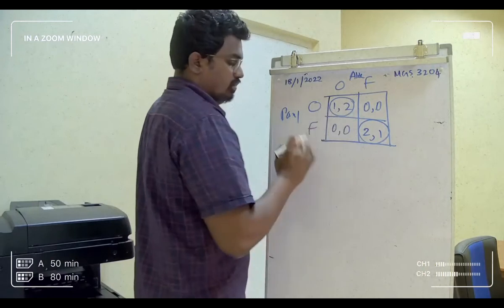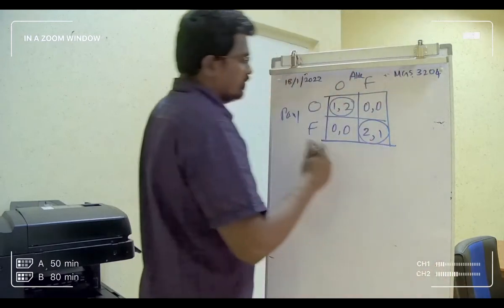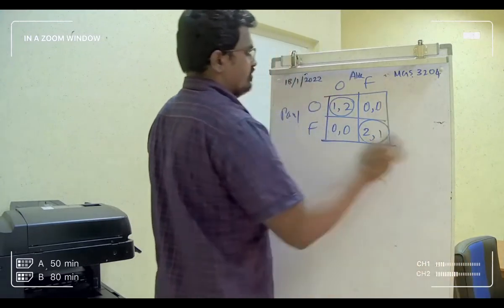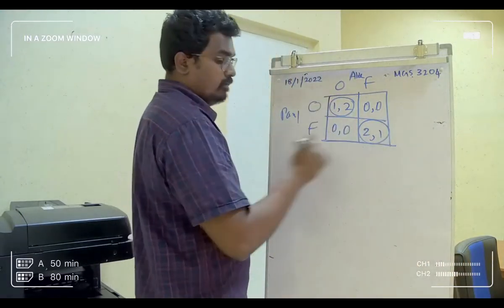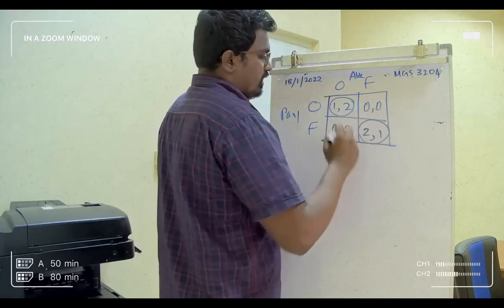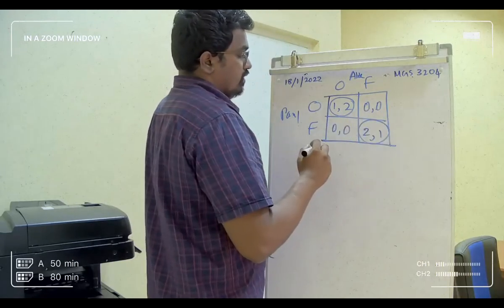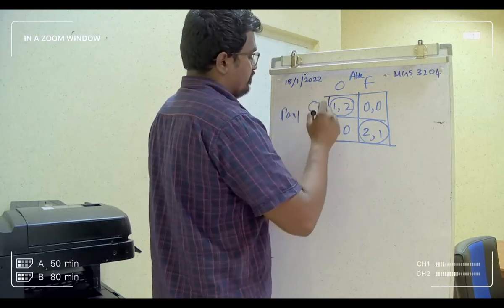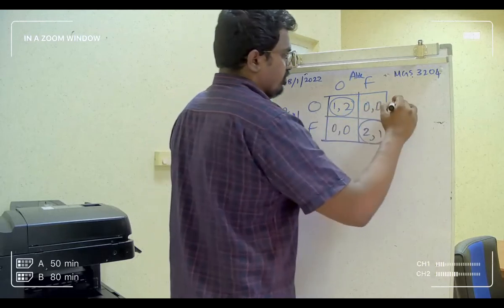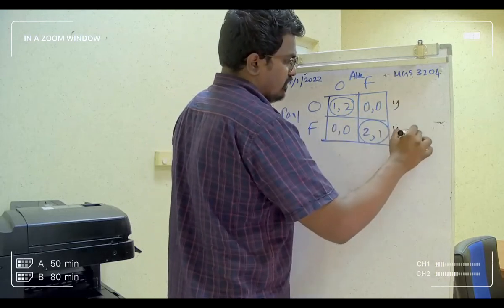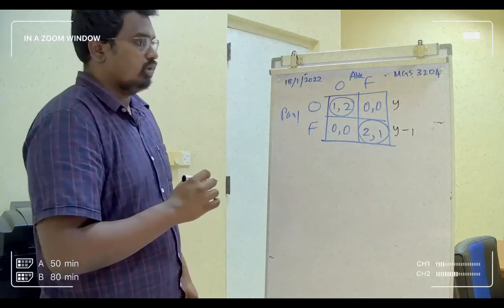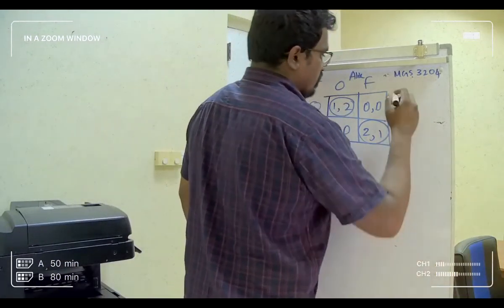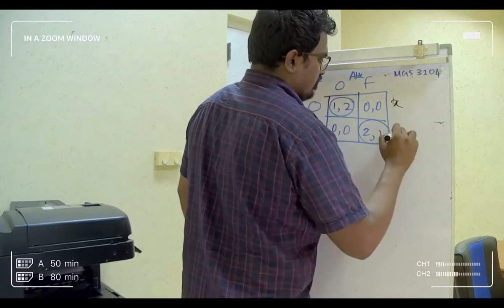To make it clearer, let me use some symbols to represent each situation, the probabilities. Let me say the probability of going for opera and fight for Paul is x and 1 minus x.